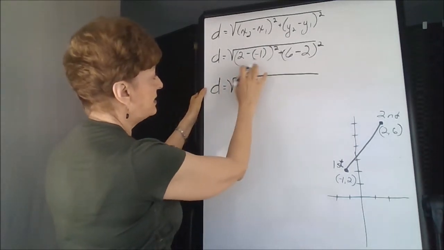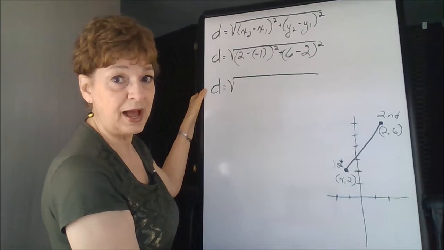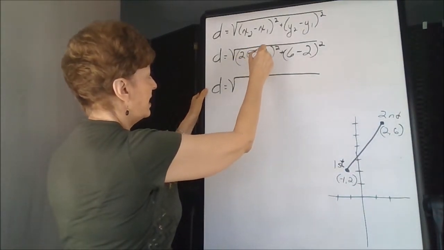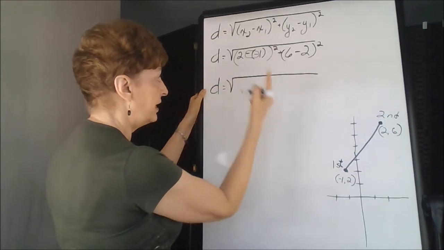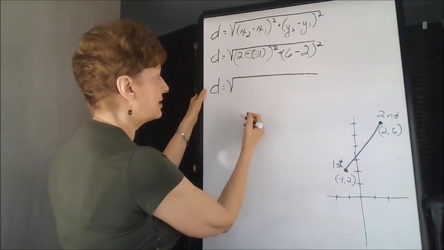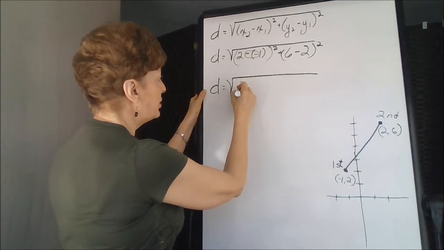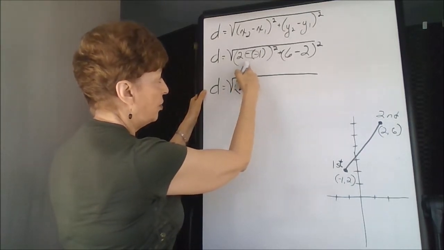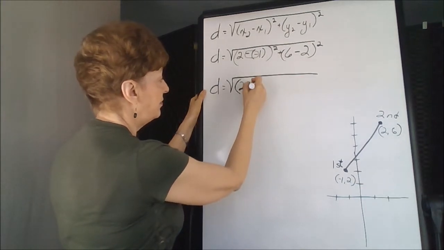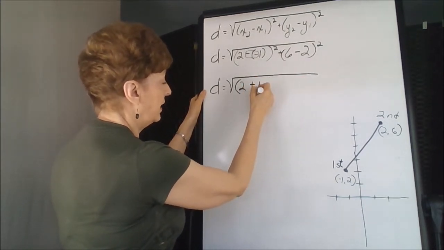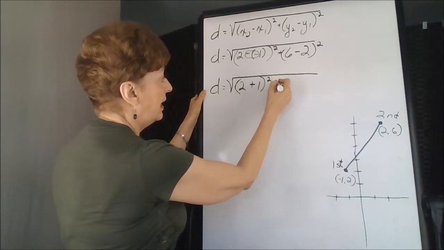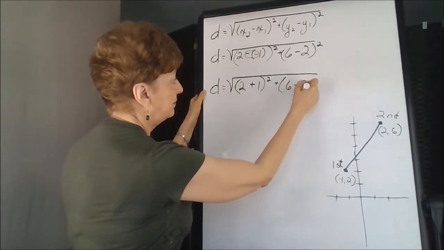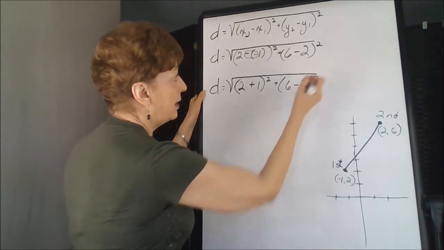In this case, I have to pull back my rules for positive and negative. I've got two signs that are the same, so that changes that 1 to a positive. So now I'm going to do a copy job with the 2. I incorporated the rules for positive and negative to make it positive, 1 squared. And this one is just simply a copy job at this point because there's nothing going on.